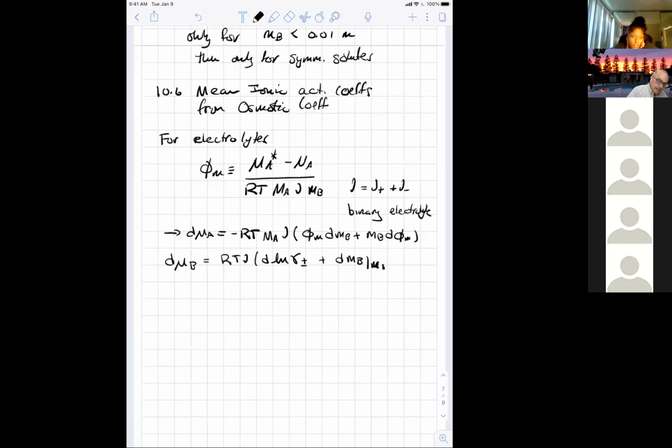But other than that, it looks very similar to what we had before. The way you convert back and forth is Gibbs-Duhem, d mu A plus NB d mu B, shows how the chemical potentials are dependent on each other.